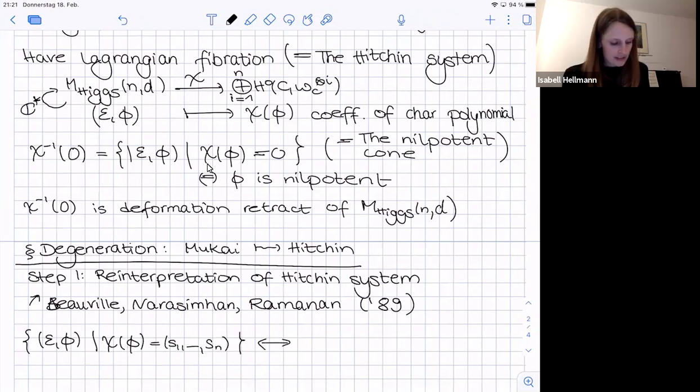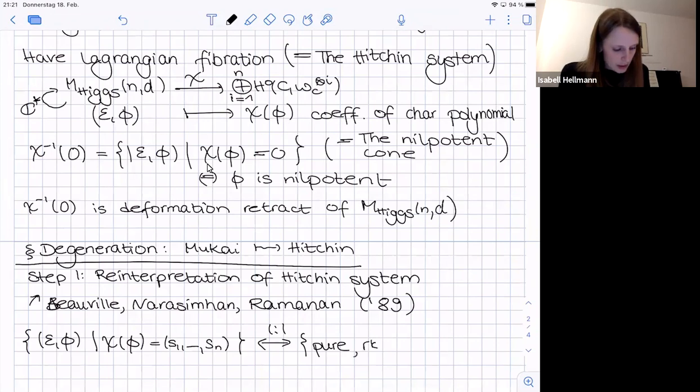So this is the same as the set of pure, and pure just means torsion-free for smooth varieties, and it also makes sense on non-reduced things.